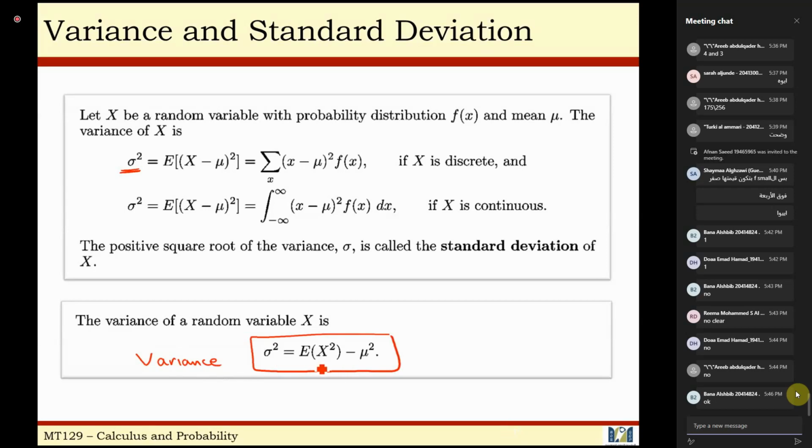The variance equals E of X square. This is by summation if we have discrete, summation x squared multiply f of x, or by continuous, integral x squared multiply f of x.